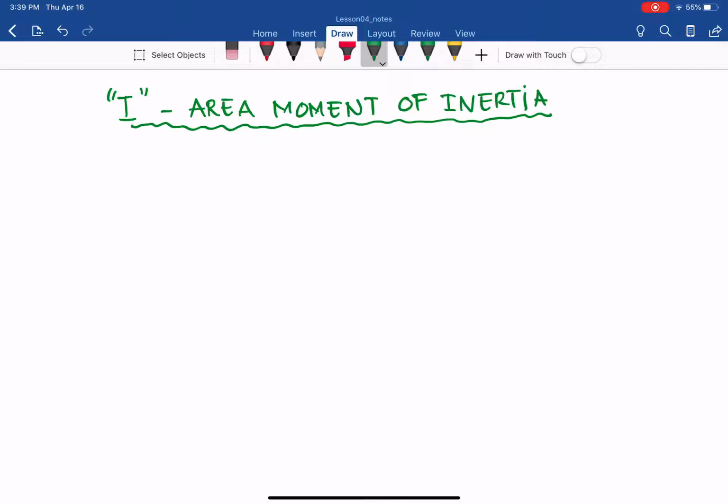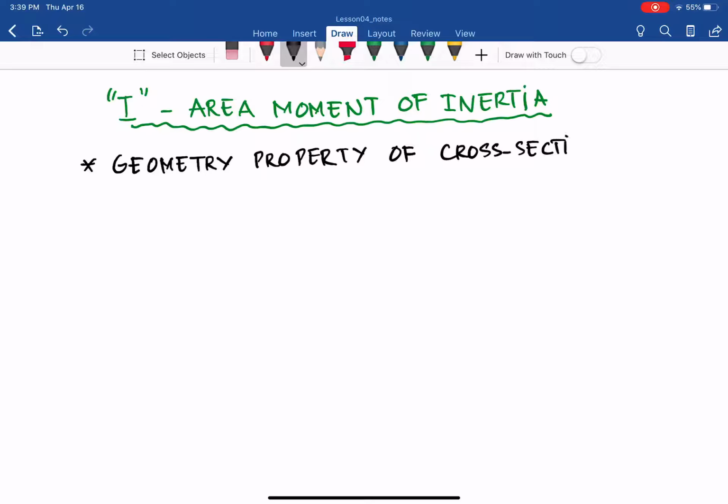So basically, it's purely the geometry property of the cross section. And I just remind you, when I say X section, it means cross section. I used that previously, just reminding you here.